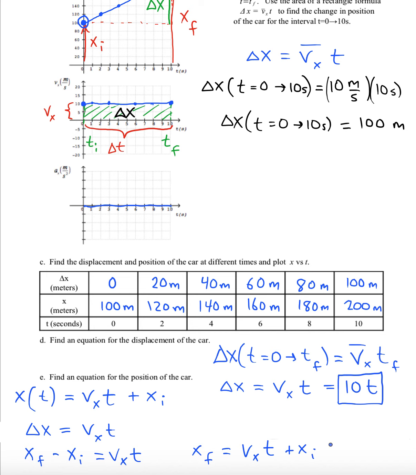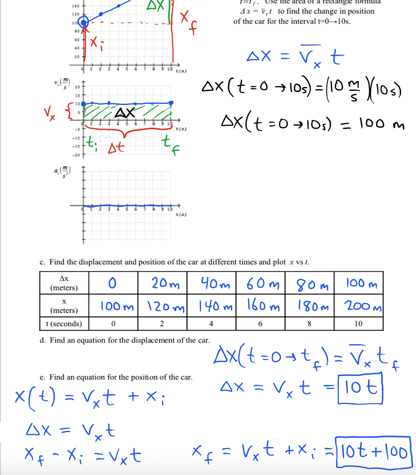Now, we just want to plug in our numbers. So we have 10 meters per second for the velocity, so we'll have 10 times t. And then our initial position for the car was actually the 100. So this will be our formula that gives us the positions of the car.